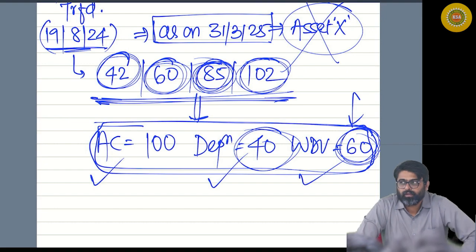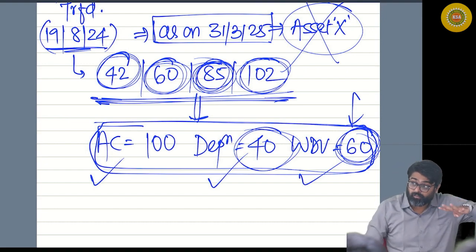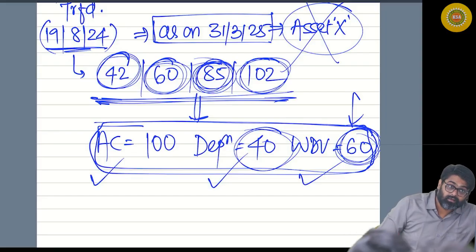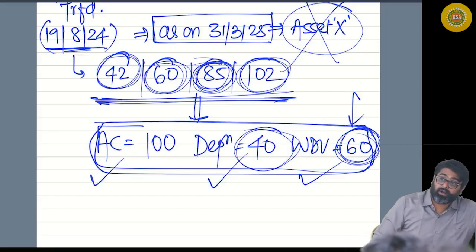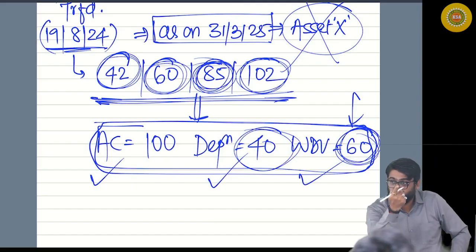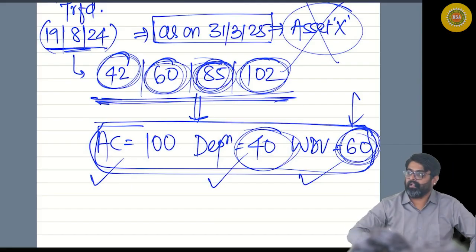Out of the extra recovery of 42, 40 we have already allowed under PGBP as depreciation. That 40 will be treated as your deemed PGBP income, balancing charge.